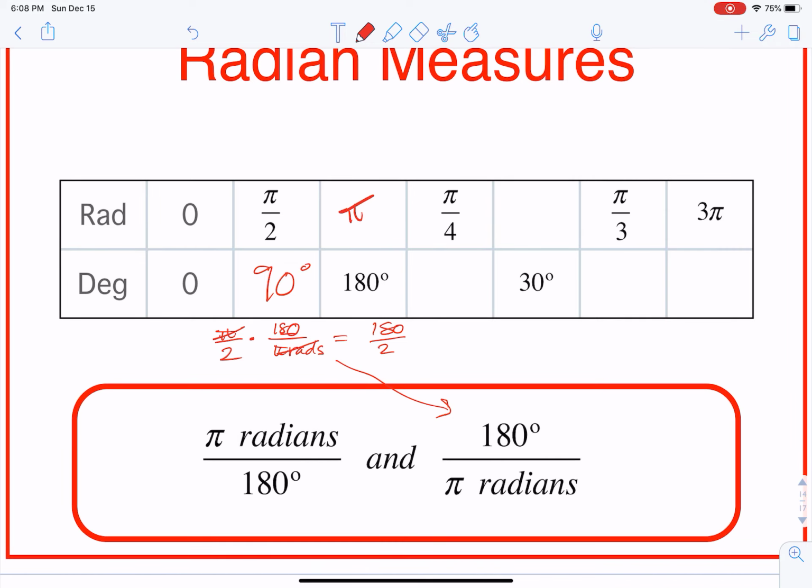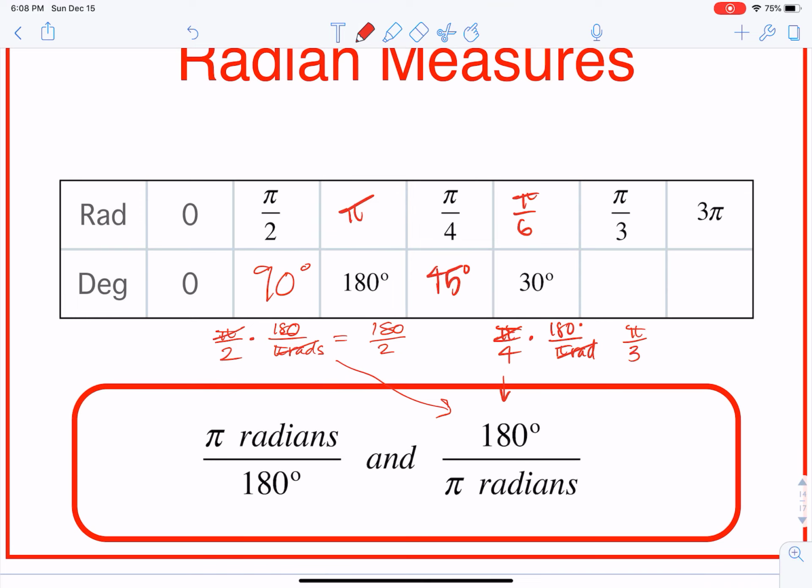Pi over 4, I can say that I have pi over 4 radians. I'm going from radians to degrees, so I can call this times 180 degrees over pi radians. My pi radians will simplify out. I'm left with 180 divided by 4, which will give me 45 degrees. Here, 30 degrees, we already converted into pi over 6.